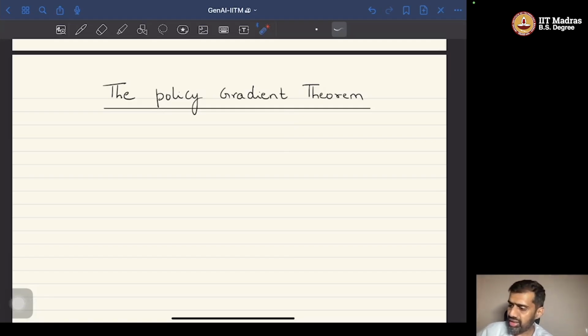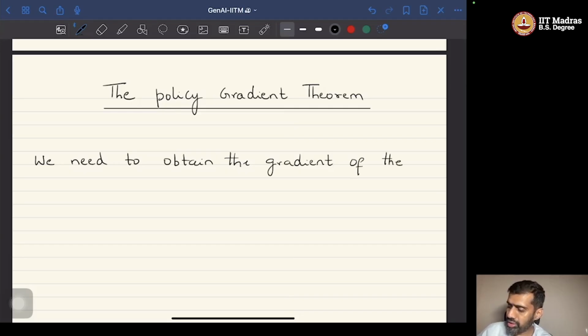So what we need is to obtain the gradient of the following objective function.